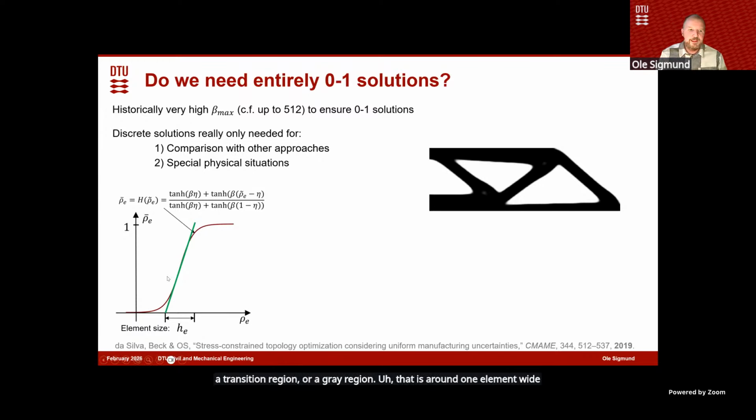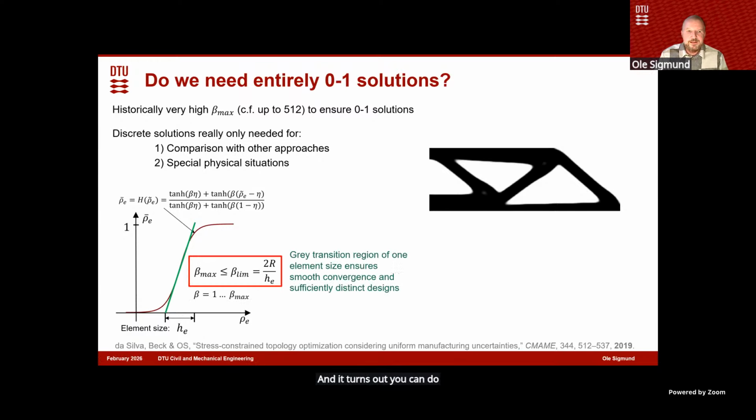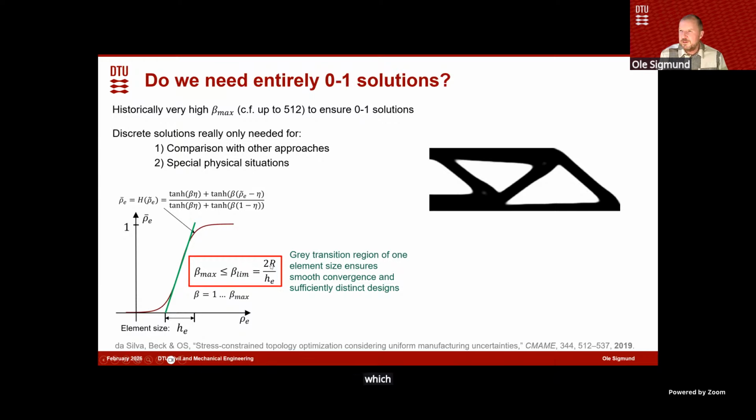So if this is one element, we are asking what's the value of beta that gives us a slope that ensures a one element transition region. It turns out you can do that analytically, and you can find what we could call the beta lim value, the limit value, which is 2 times the filter radius divided by the element size. So that would give us designs that have a grayscale transition region of one element.